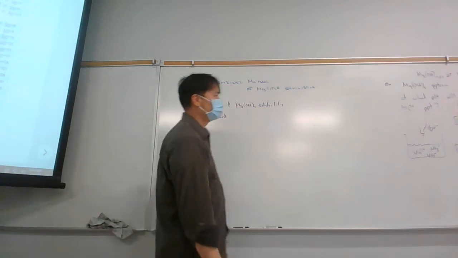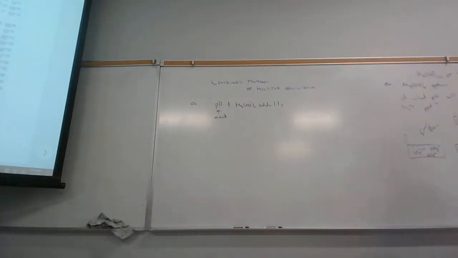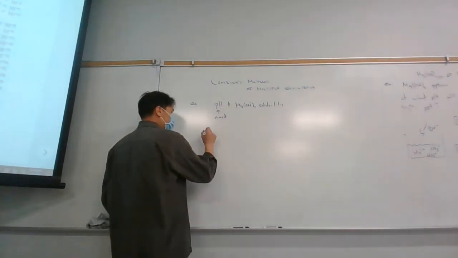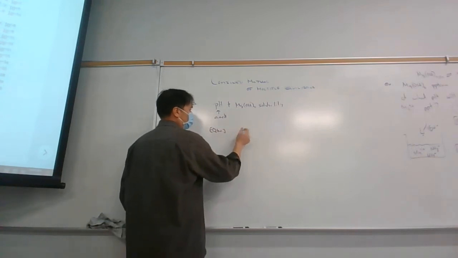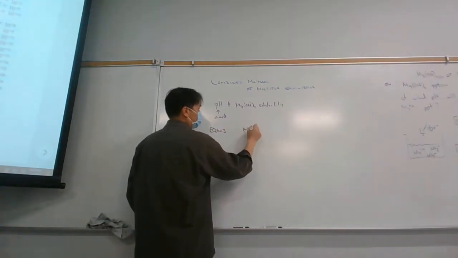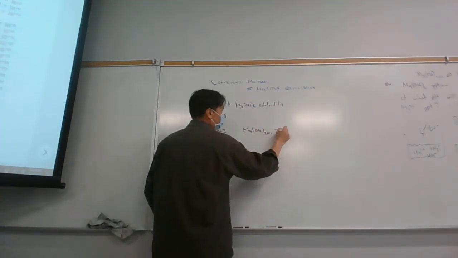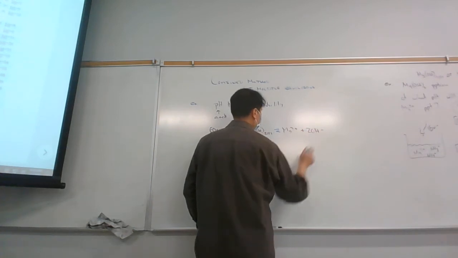We already can see pOH is going to impact it here. And so here in equation 1, we'll have the KSP equation, magnesium hydroxide solid goes to magnesium ion and 2 hydroxide.